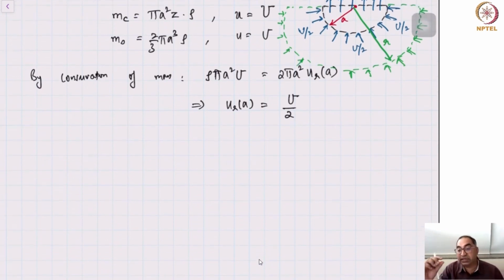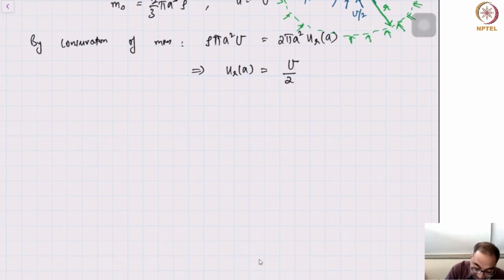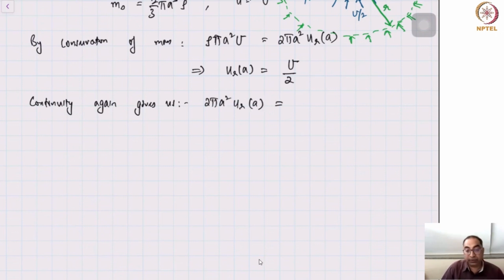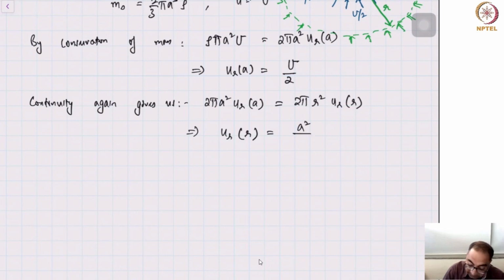So we want to determine what is the size of this green arrow. With the same argument, 2 pi a square UR at r equals a will be equal to 2 pi r square UR at some radius r. And therefore I have the radial velocity at some radius r will be a square by r square times UR at r equals a.